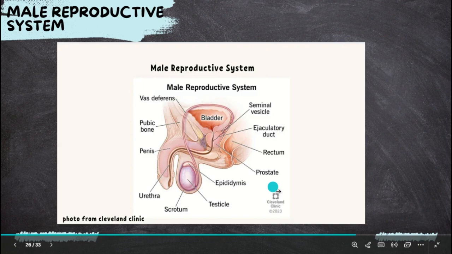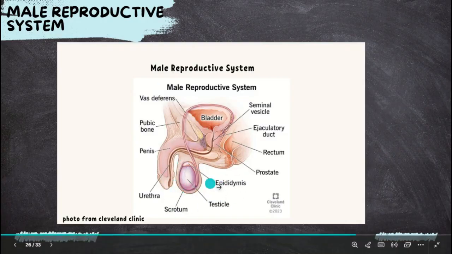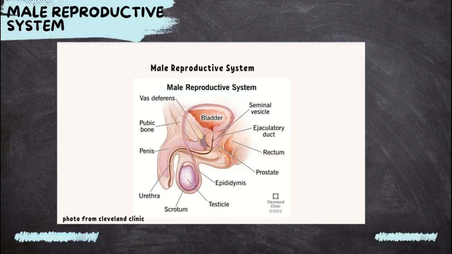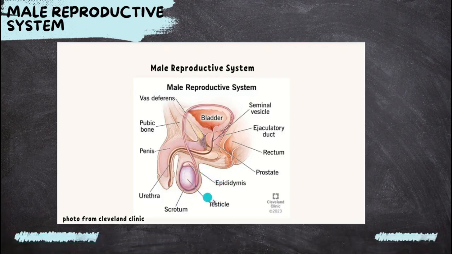Alright, so now with the male reproductive system, we're going to just start with the scrotum right here. Basically, it's to protect the testicle, and it also helps to regulate temperature. So that's the main function of it.